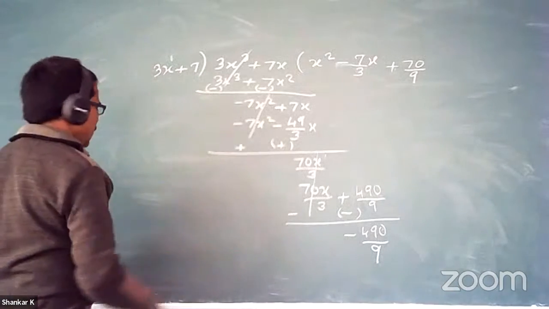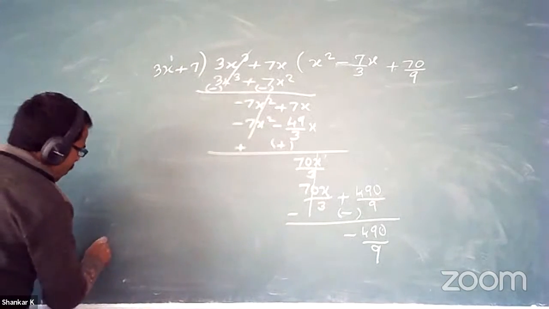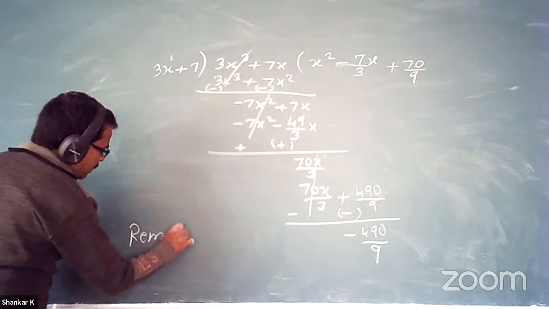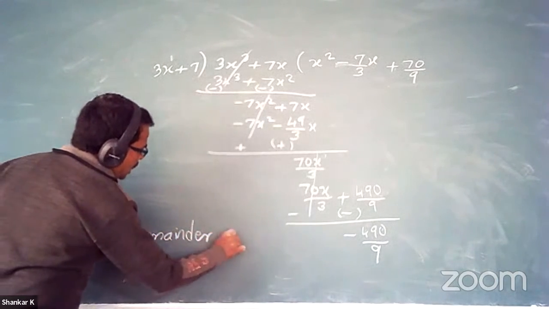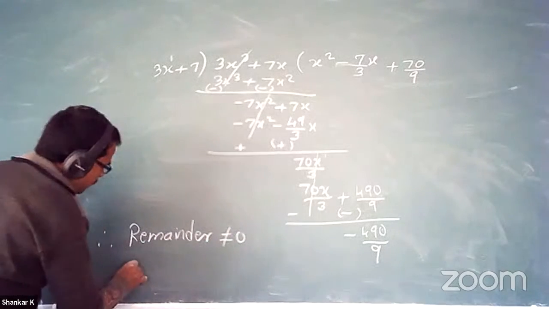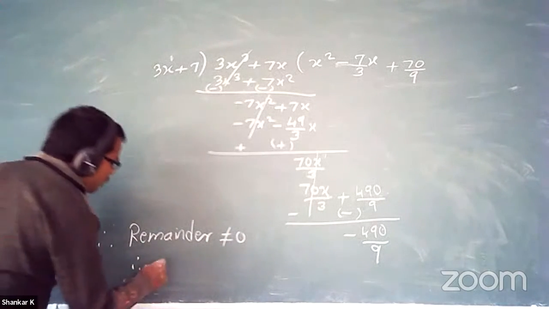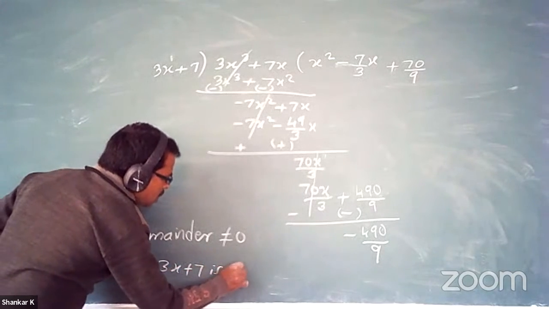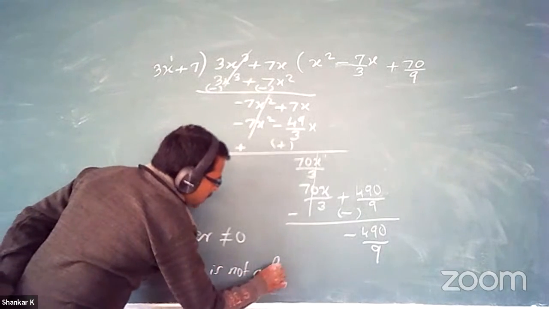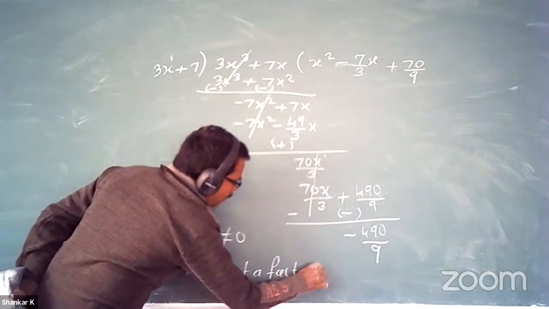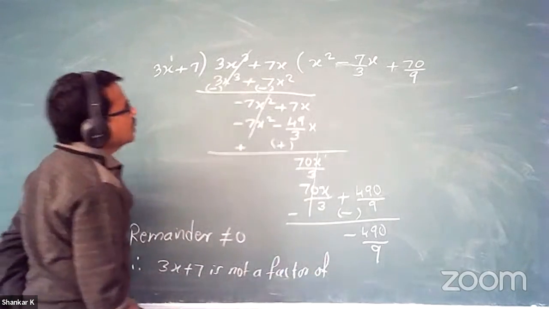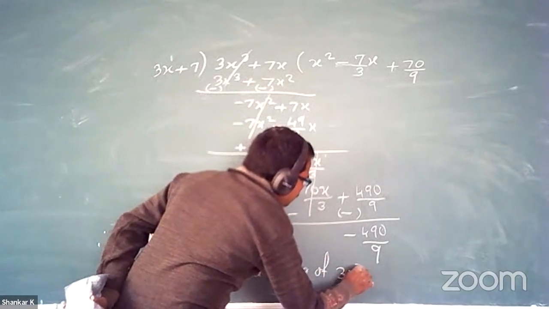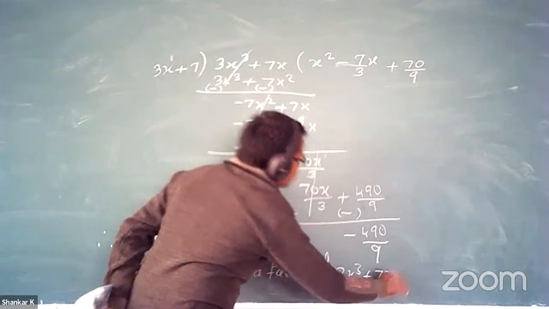So since the remainder is not 0, therefore 3x plus 7 is not a factor of 3x cube plus 7.